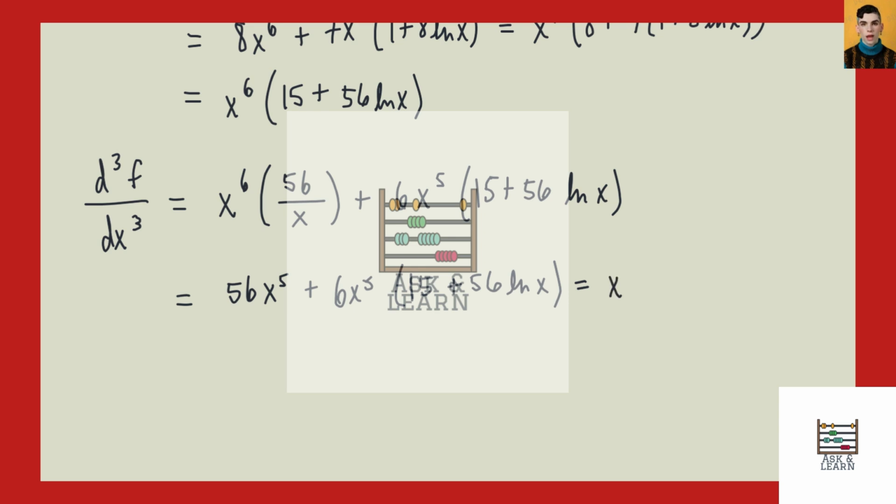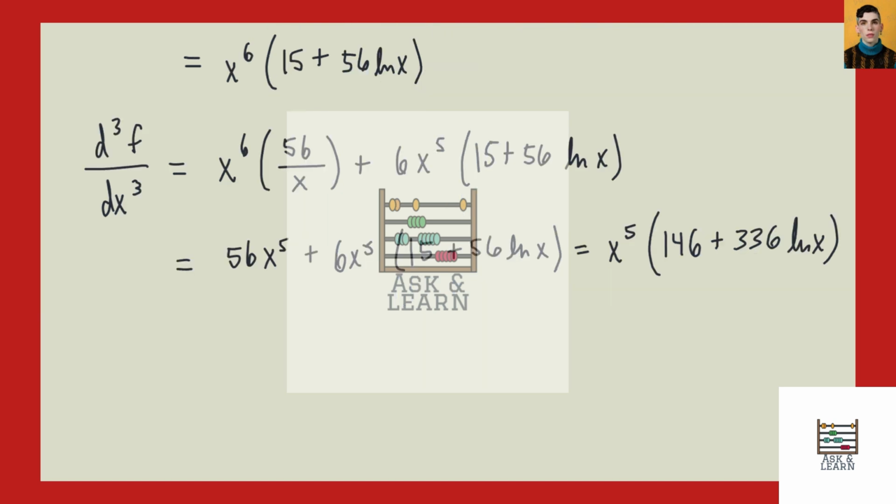And this is x to the 5th power times 56 plus 90, which is 146, plus 6 times 56, which is 336, times natural log of x. Now I'll take the fourth derivative of f.